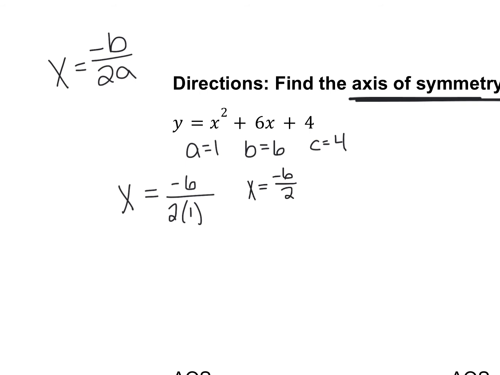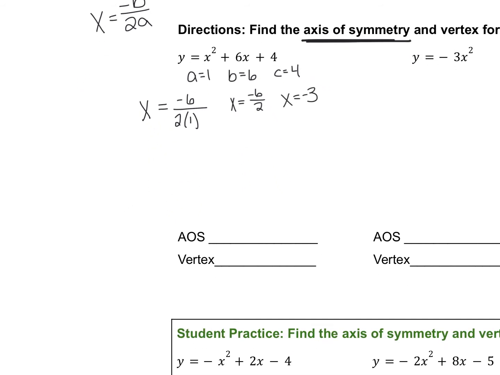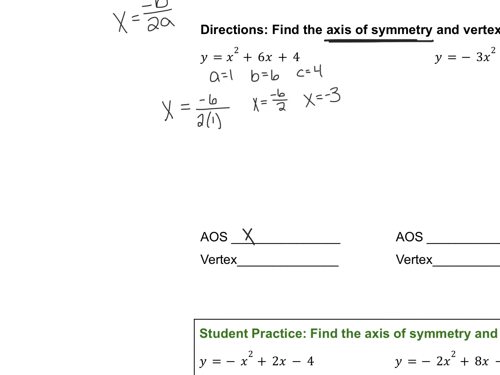If I simplify that even further, it would give me x equals negative 3. So my axis of symmetry is x equals negative 3. And the nice thing is that gives me the first part of my vertex. So I know it's going to be negative 3 comma something. Now let's go ahead and work on that y value.